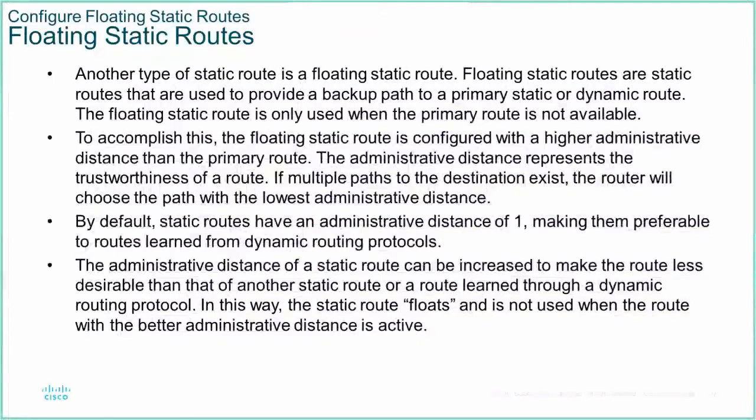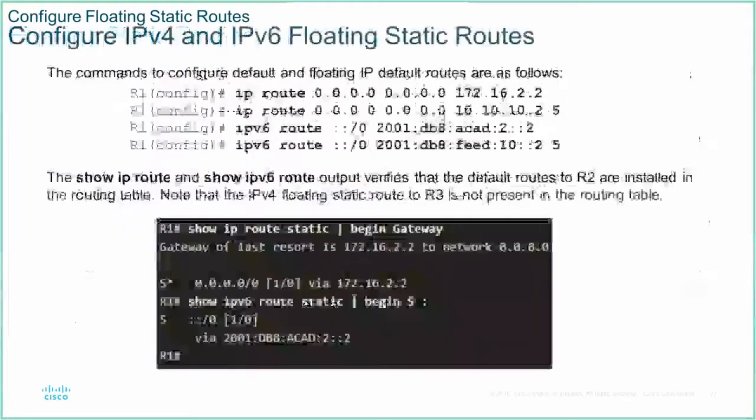So what we want to do when we want to create a backup to this primary default route is put it in with a higher admin distance, and it becomes active when the first primary fails.